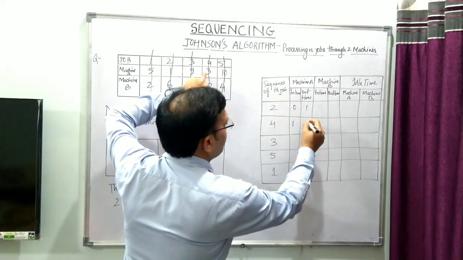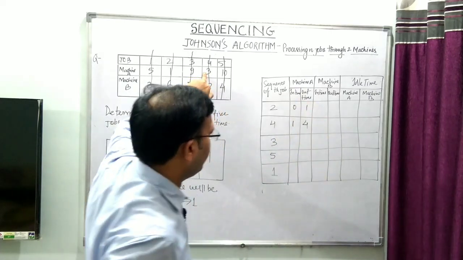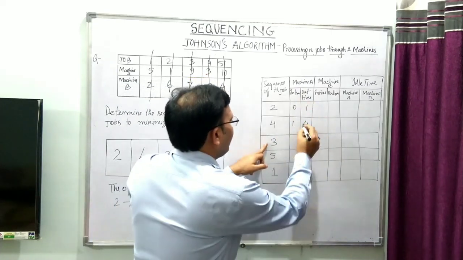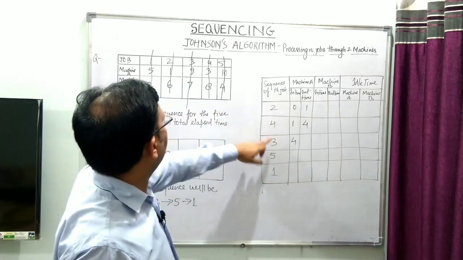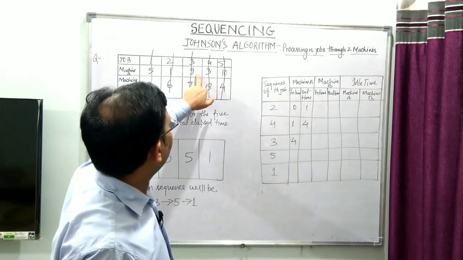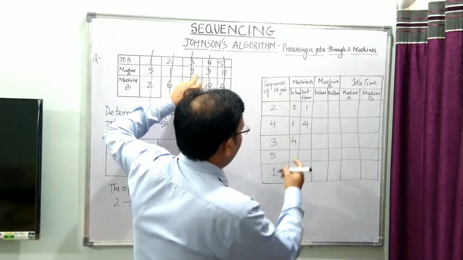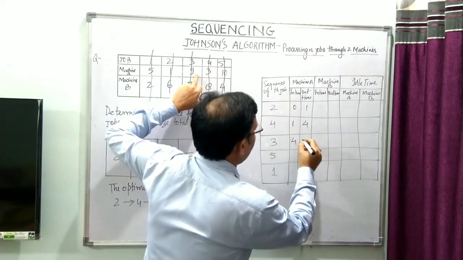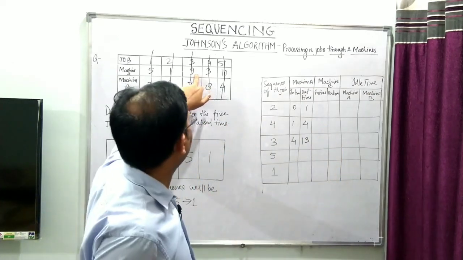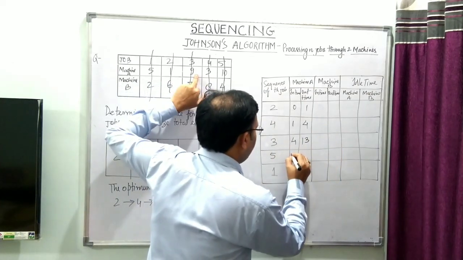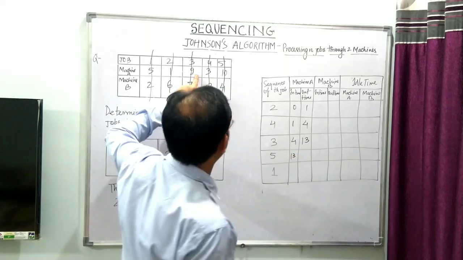So 3 plus 1 is equal to 4, it will be finishing at 4, right? Then job 3 shall be starting at 4. How much time does it take for job 3 at machine A? It is 9 hours. So 9 plus 4, it is 13, right? 13 hours.